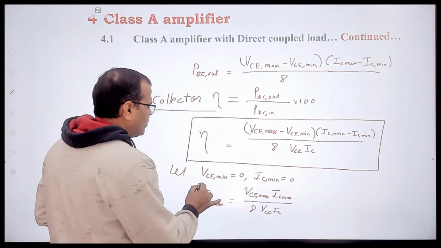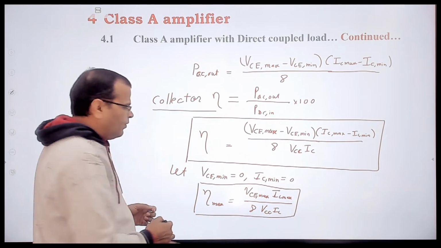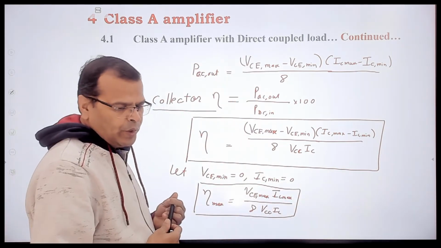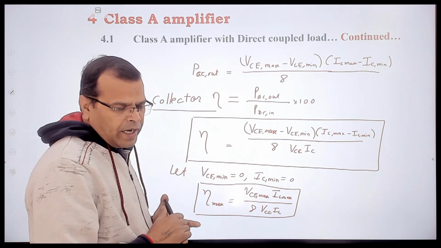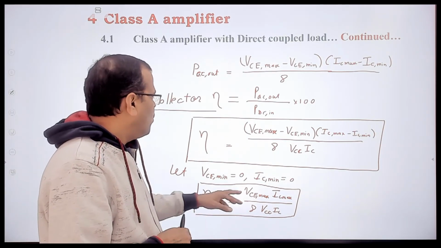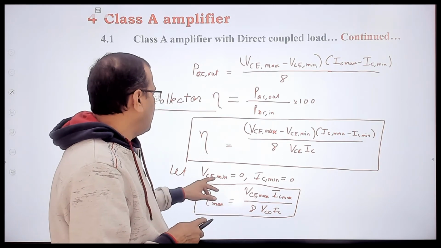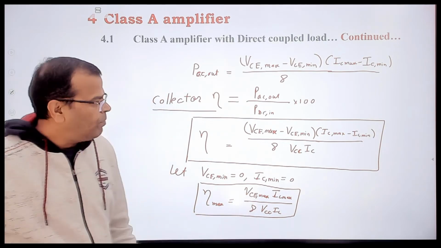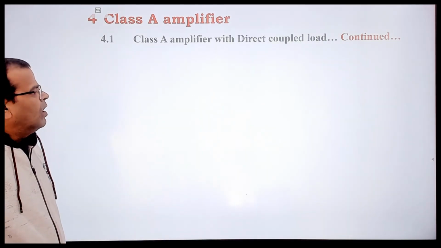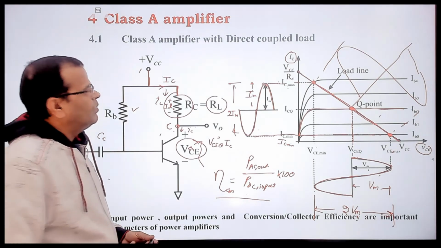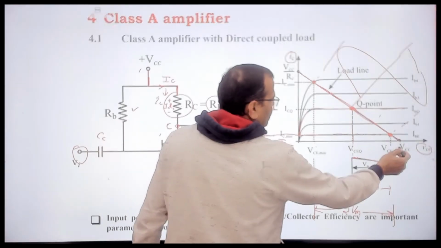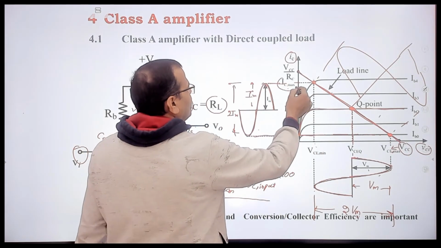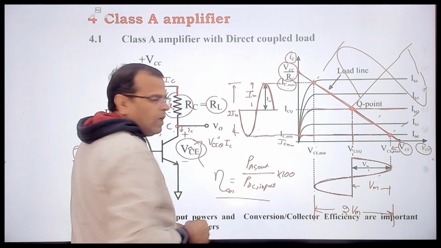This is the maximum possible efficiency of the class A amplifier with direct coupled load. Now, what is the maximum possible value of V_CE? It is V_CC. What is the maximum possible value of I_C max? That is V_CC upon R_C.